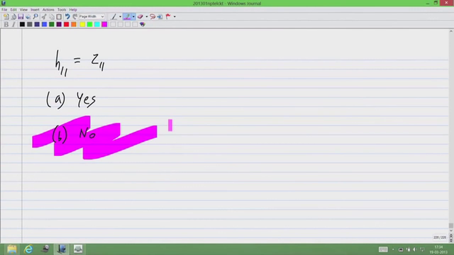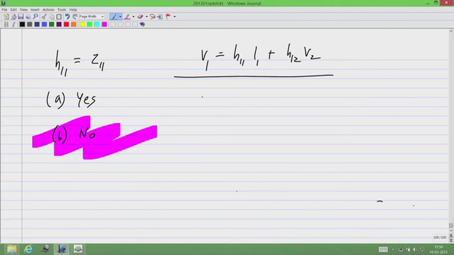The answer is no, it's not the same, because if you think about it, V1 is H11 I1 plus H12 V2 in terms of H parameters, and V1 is also Z11 I1 plus Z12 I2.